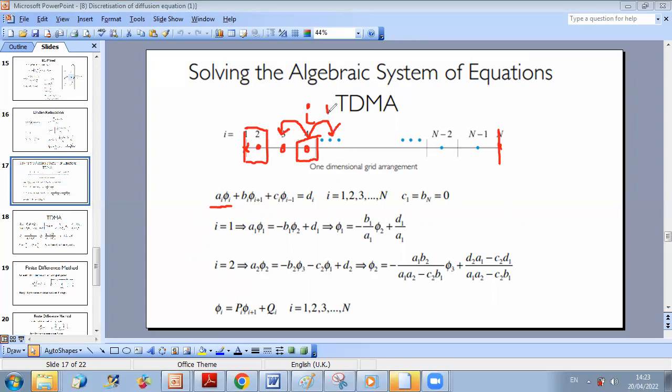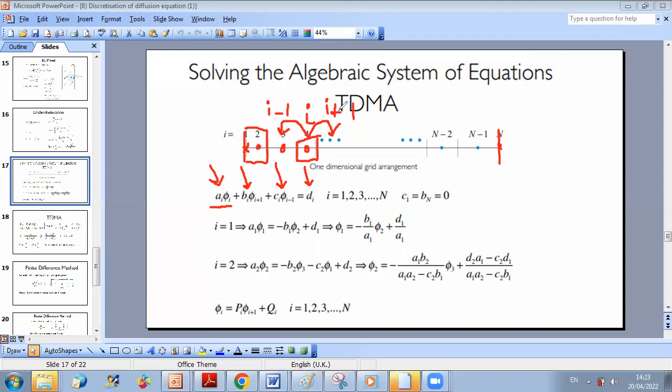So here you have I plus 1, and here you have I minus 1. We have derived together the expression based on the control volume analysis. So we get AI phi I plus a certain coefficient BI phi I plus 1 plus a certain coefficient CI phi I minus 1 equals a certain source term DI.